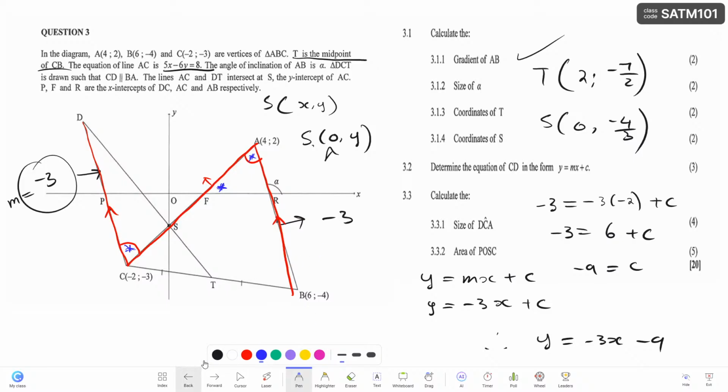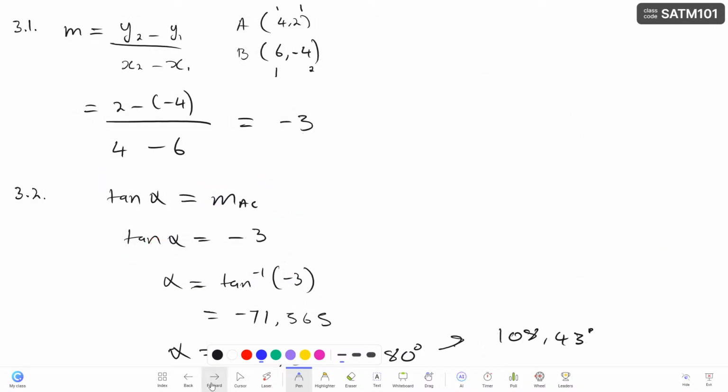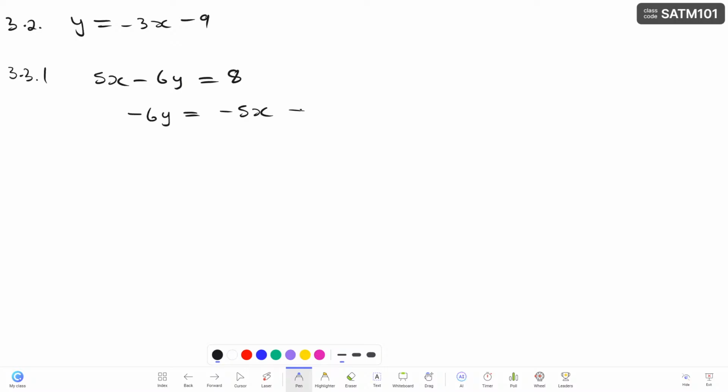So okay, I said that we already have the gradient of this line. How? Let me show you. So we have the equation 5x minus 6y is equal to 8. So what you need to do here, you need to take this x to the other side. So it's going to be negative 6y is equal to negative 5x plus 8.